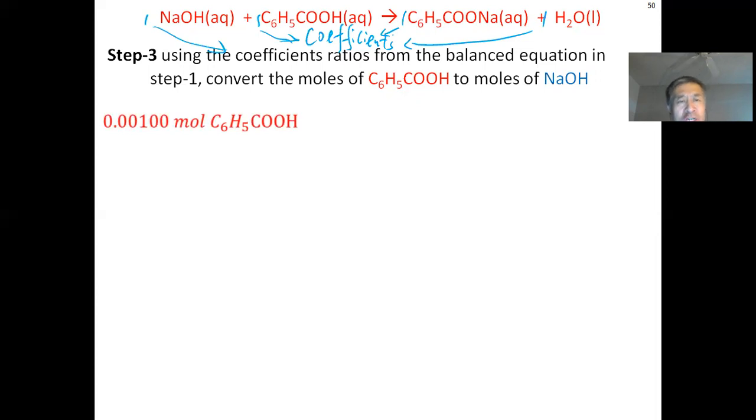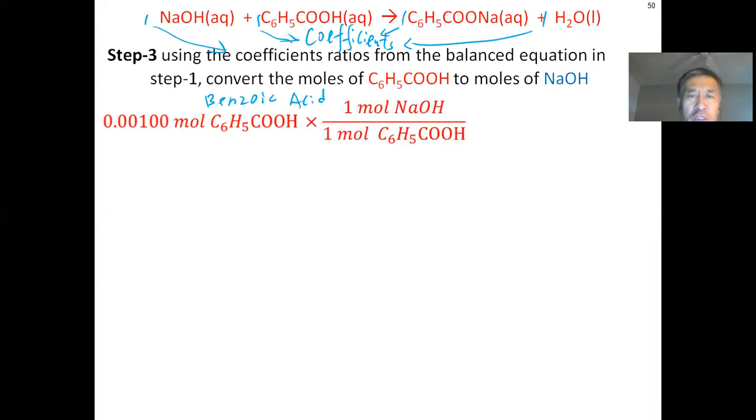From the last slide, we found that initially, before the titration, we have 0.00100 moles of benzoic acid. The formula is C6H5COOH, and the name is benzoic acid.